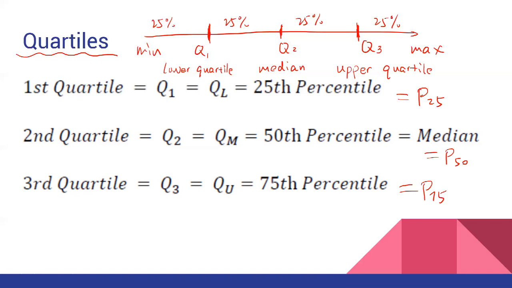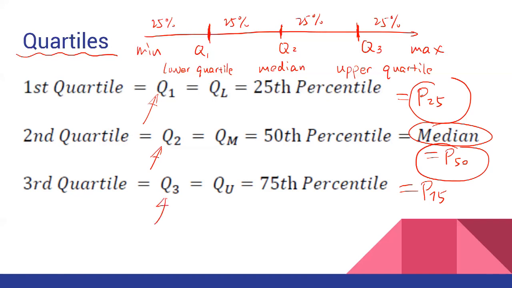So if a question asks you to find Q1, the only thing you need to do is to find P25. Or if it asks you to find Q2, you can either find the median or P50.